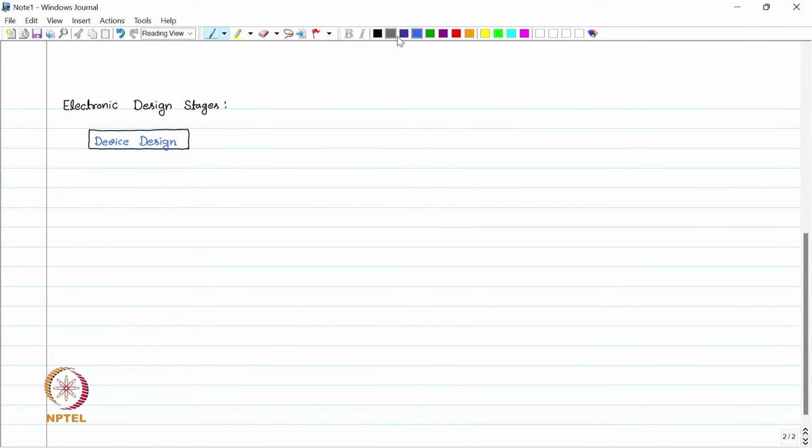From this device design, we go to the next step, which is called circuit design.